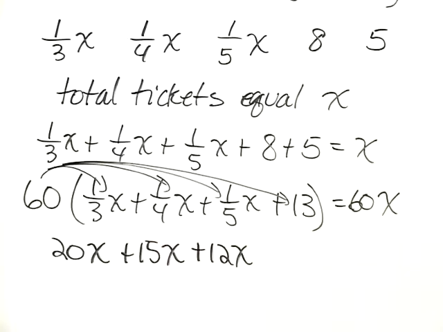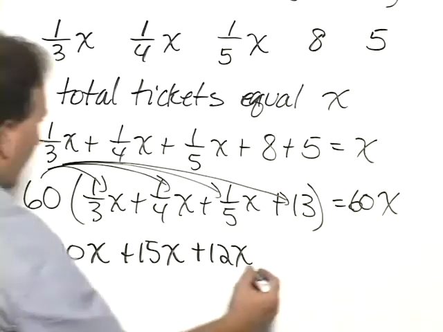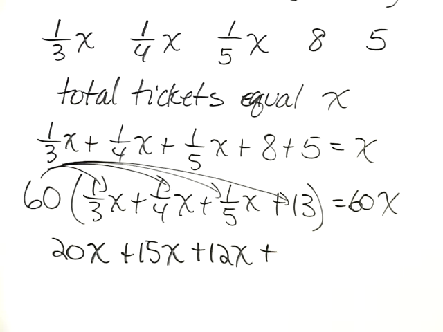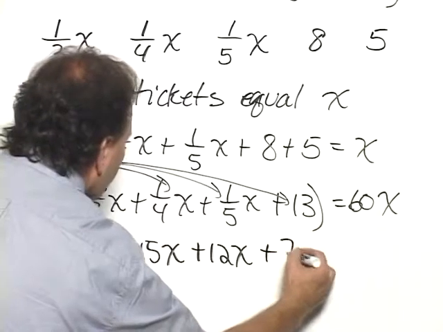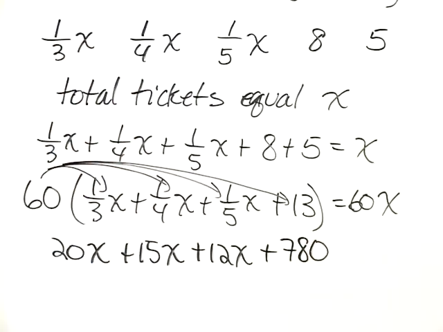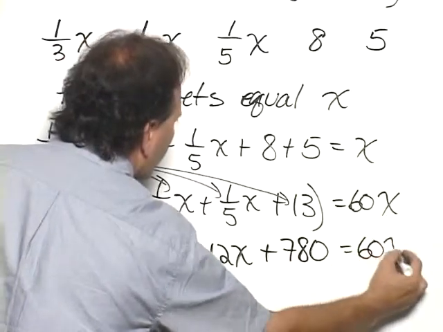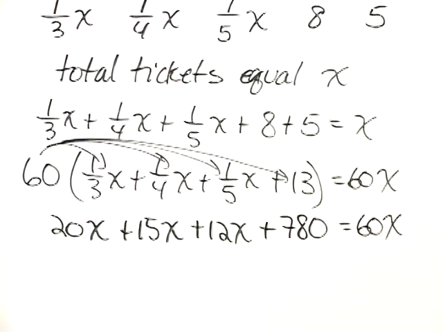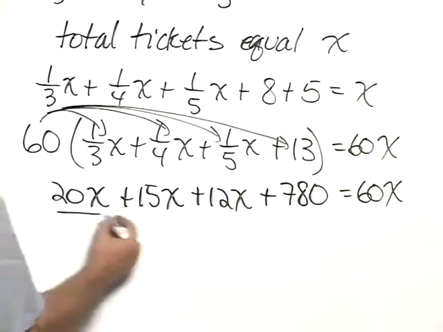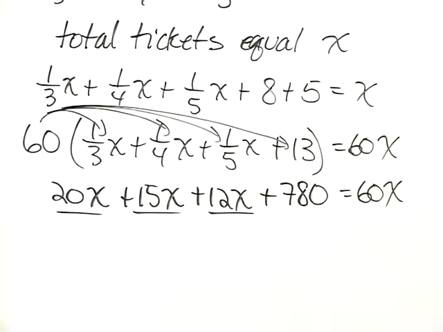And then finally, we multiply 60 times 13, and we get that that's equal to 780. And then on the right-hand side, it's equal to 60x.